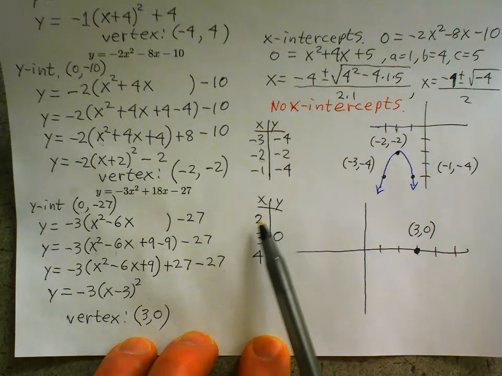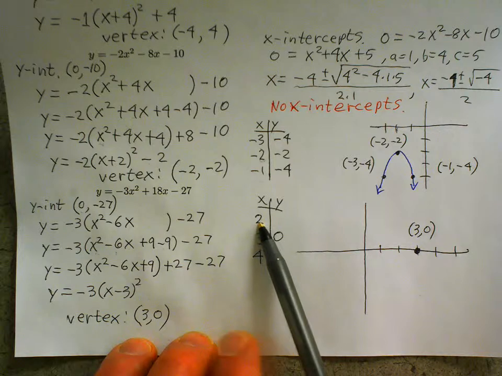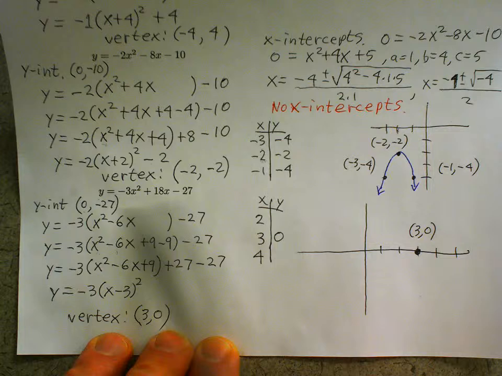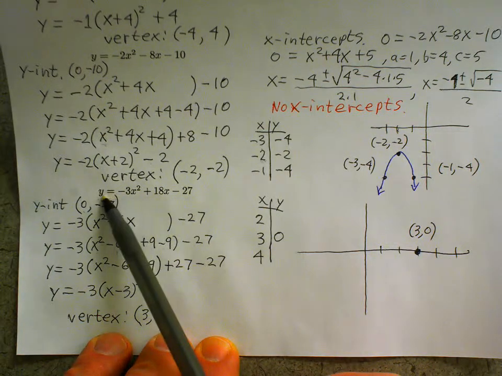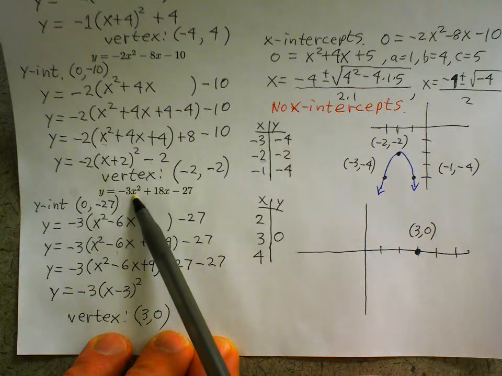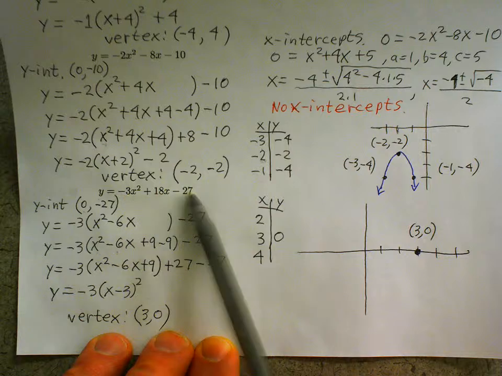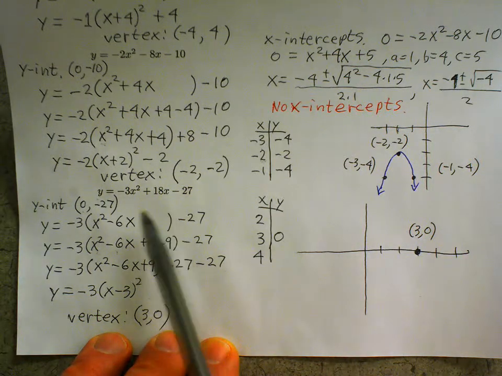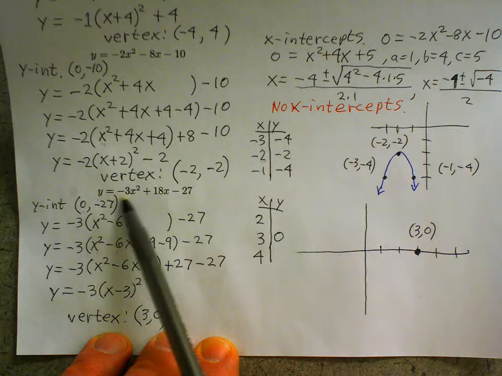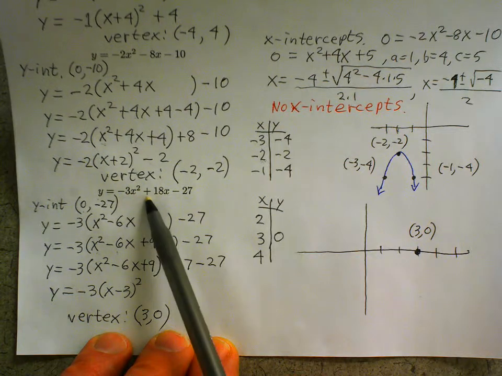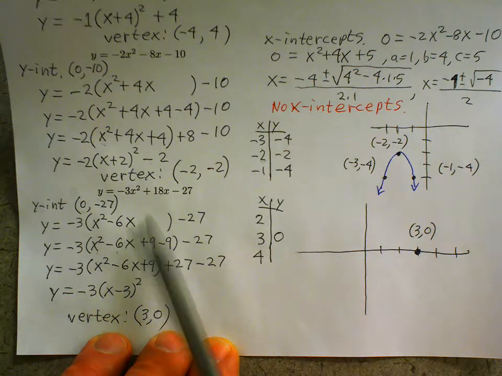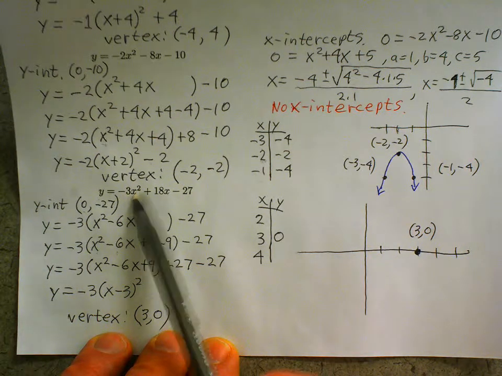So let's find the y-coordinate that goes with x equals 2. So we use the function as a formula. We replace x with 2 and do the arithmetic, and that will give us the y-coordinate. So when x is 2, y is negative 3 times 2 squared plus 18 times 2 minus 27. 2 squared is 4.